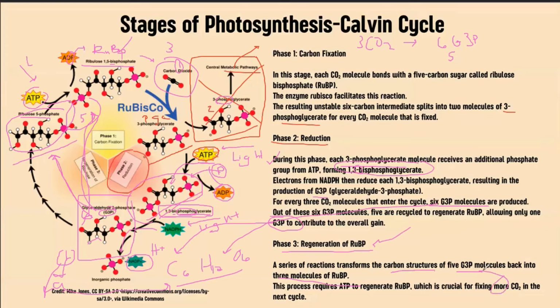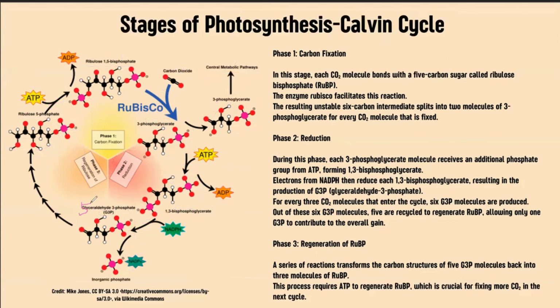So in phase 3, or that final step, we have the 5 G3Ps. Remember, 1 is being sent out to create sugar, the one that went to glucose.